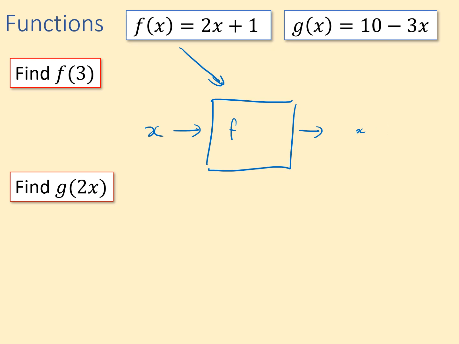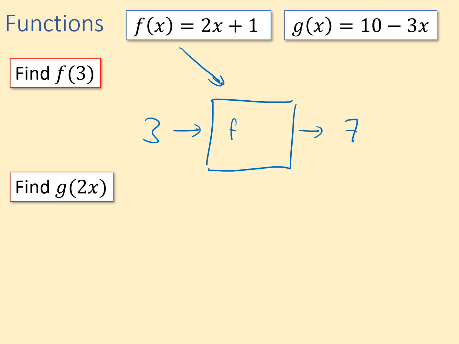So if I put in the value of 1, it doubles it and adds 1, so double 1 is 2, add 1 is 3. Okay, for this question I need to find the f of 3, so I'm taking the input of 3, we're going to double it and add 1 to get 7.